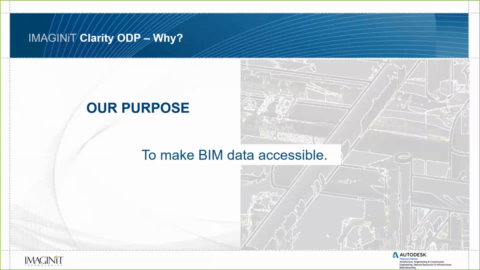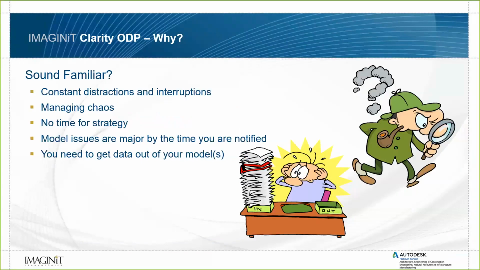The idea of BIM data being accessible is, most of the time when we're talking about this in the North American world, we're talking about BIM data and we're talking about Revit and trying to do what we can to make that Revit data more available to people that need to get to it. Because this is probably some level of reality that you face: you've got constant distractions. You have just a chaos around you, maybe not every day, but on a pretty regular basis.